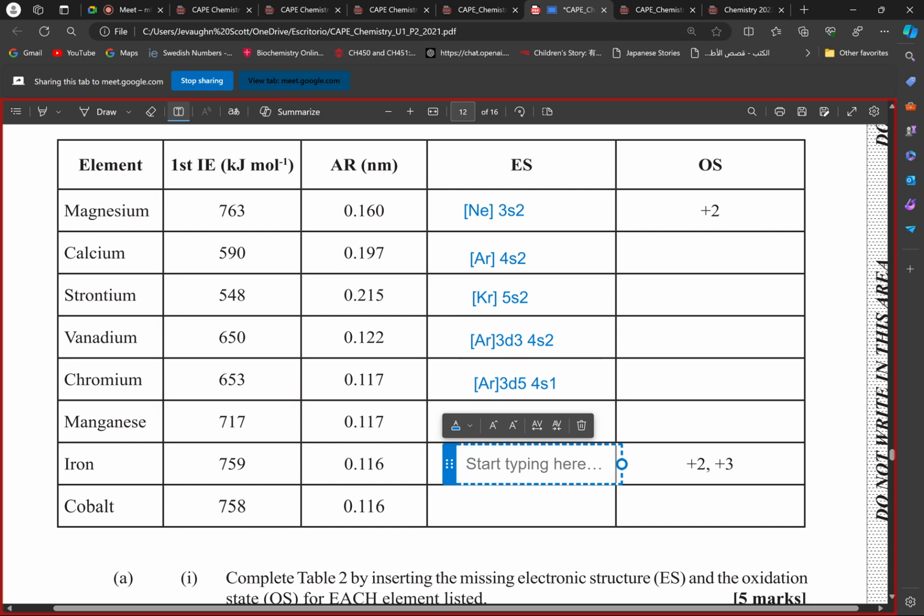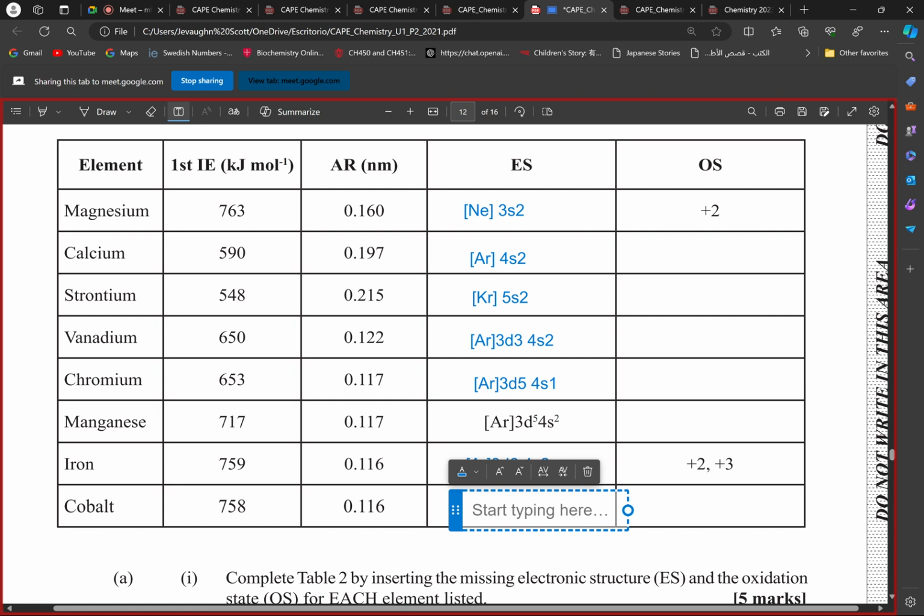Our cobalt is regular, not an anomaly. Cobalt is 27, therefore this should be 3d7 4s2. And let's look at this now.